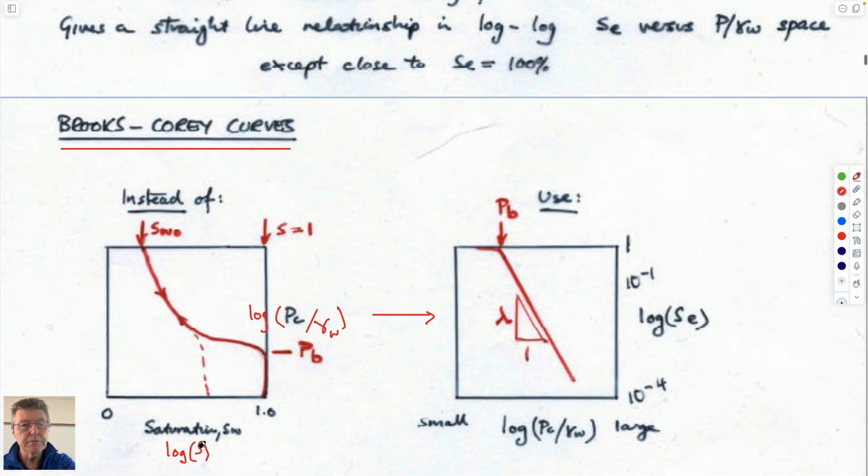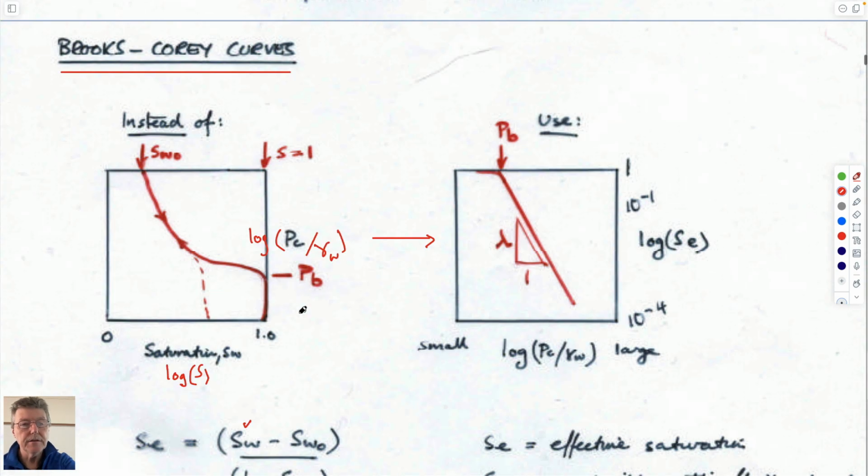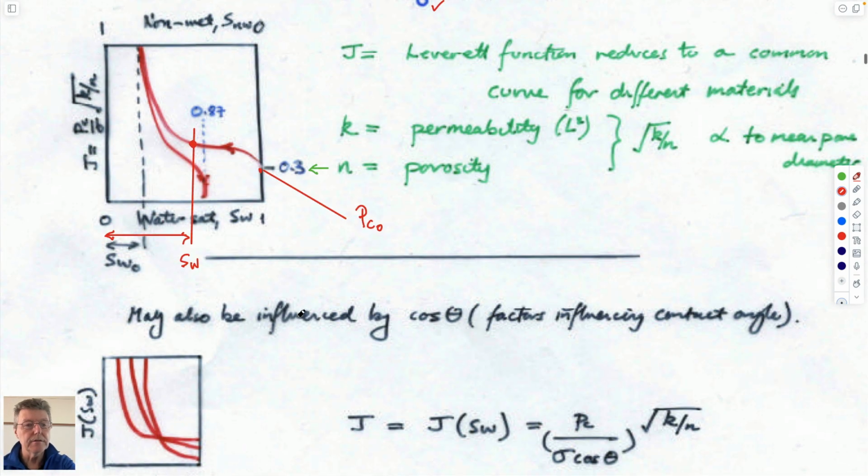And if we subtract from that the irreducible saturation of water, then the length that we're talking about would be this length, right? So I guess I'm going to get too complicated here. This length here would be SW minus SW0.